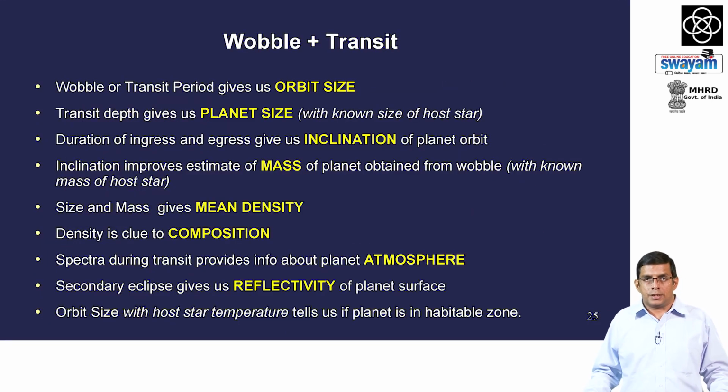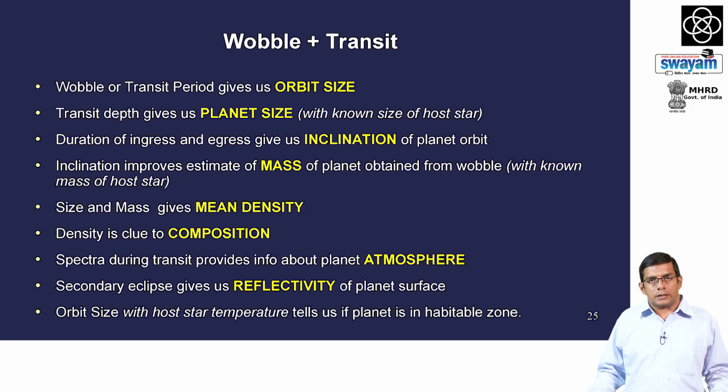In general, the Wobble method and the transit method are used together, especially nowadays. The standard method of detection with transits, with the space satellites that we have now, is that once a transit candidate is found, it is confirmed by looking at the radial velocity profile observed from the ground.